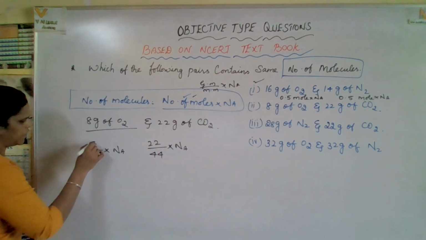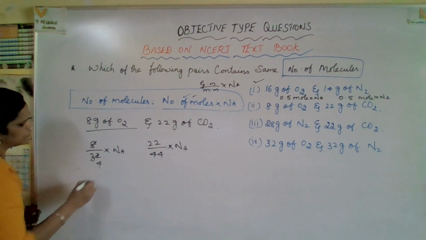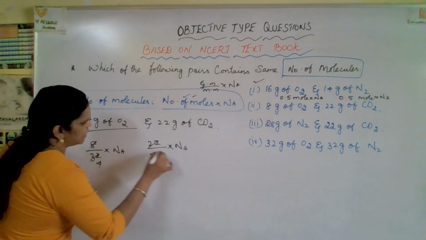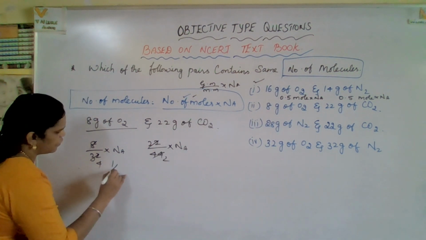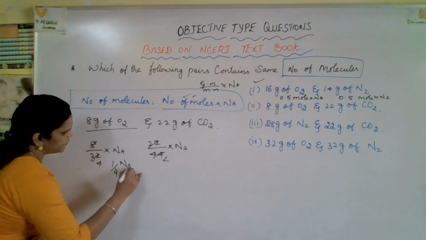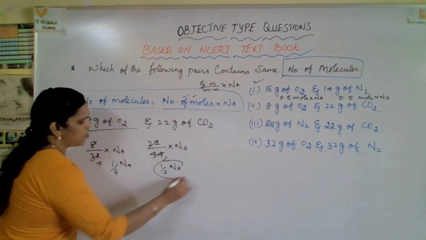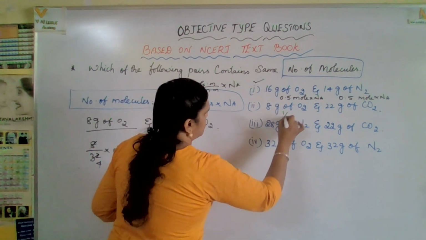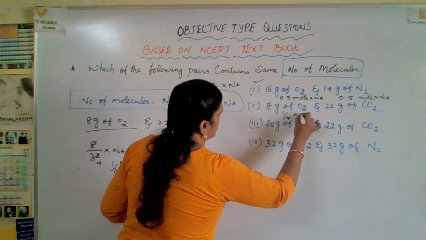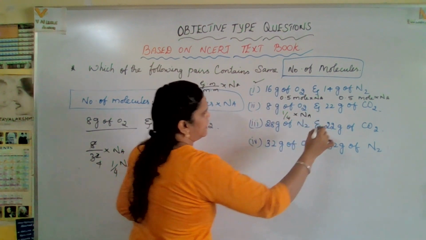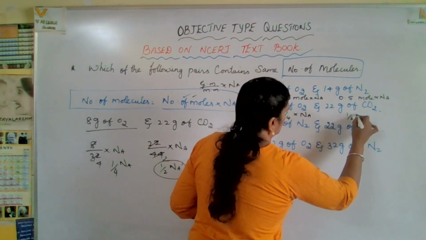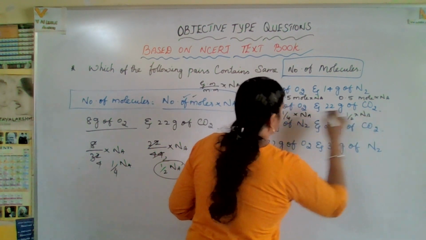So here you will get 1 by 4 Na and here 1 by 2 Na. This is not the same.